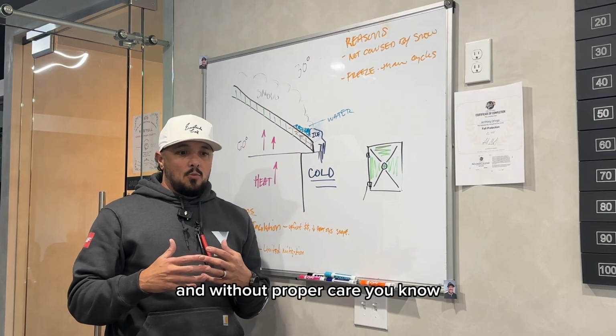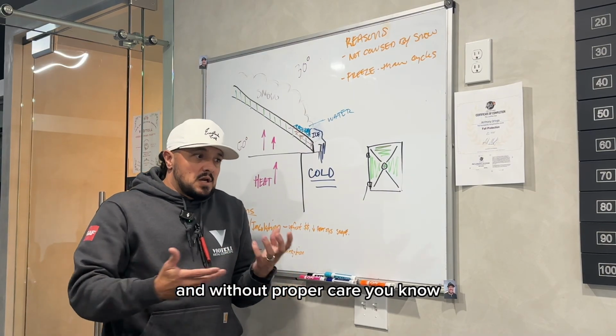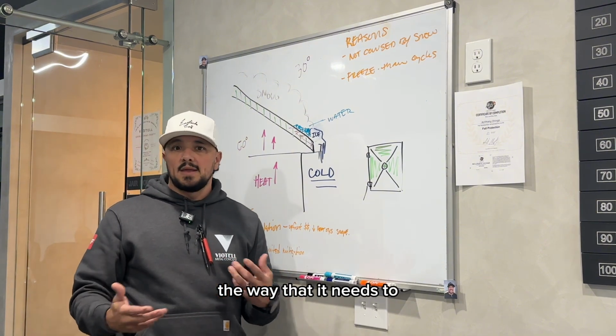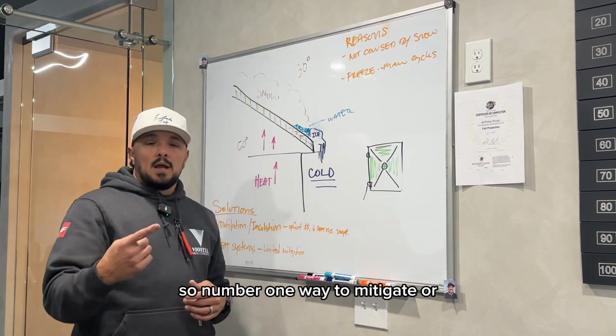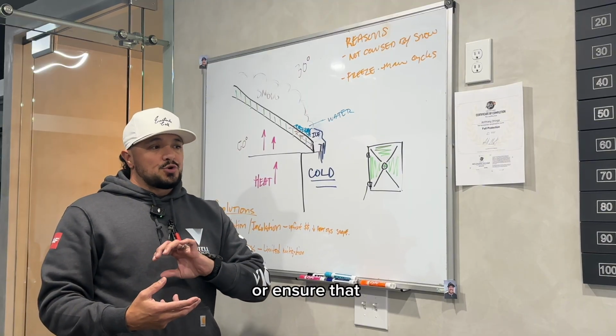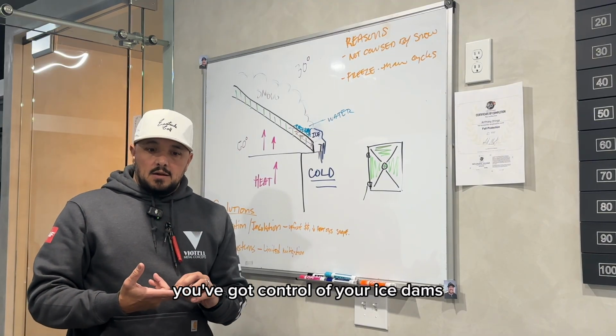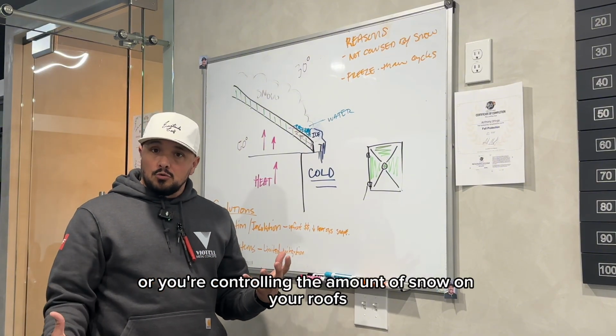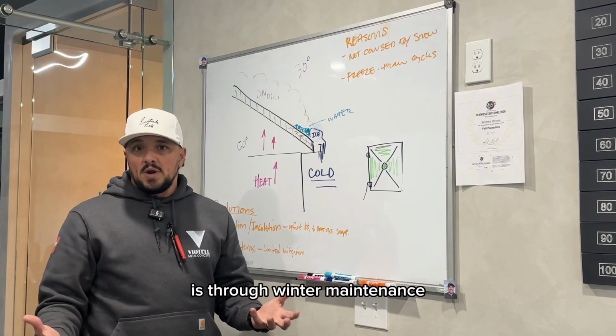And without proper care, it will get wild and it won't perform the way that it needs to. So number one way to mitigate or ensure that you've got control of your ice dams, or you're controlling the amount of snow on your roofs, is through winter maintenance.